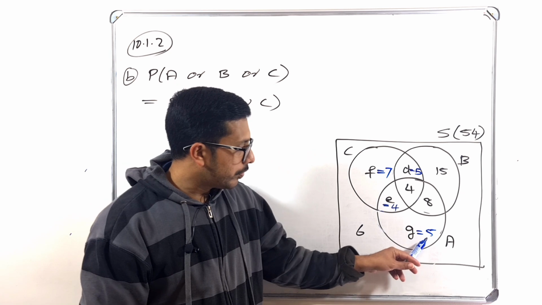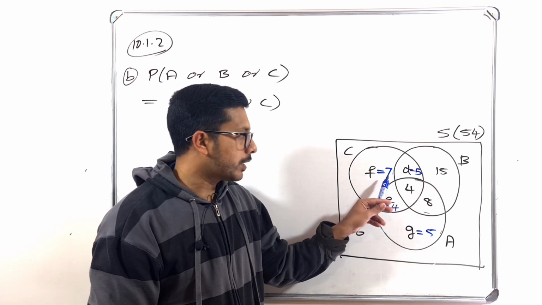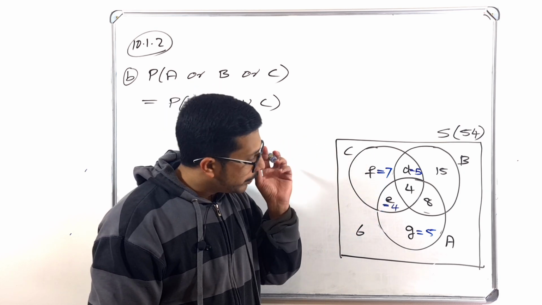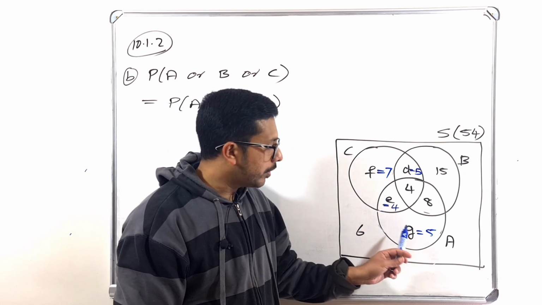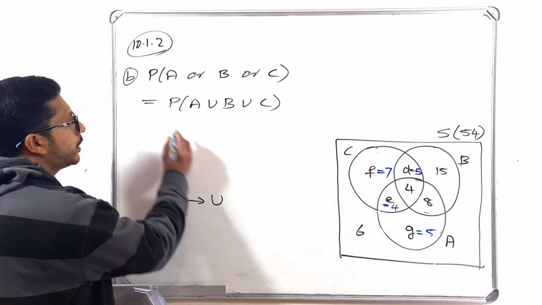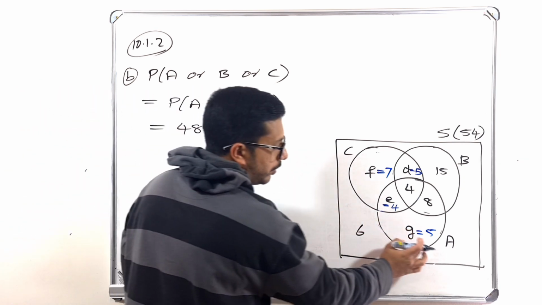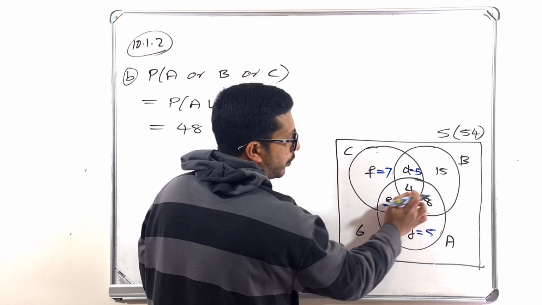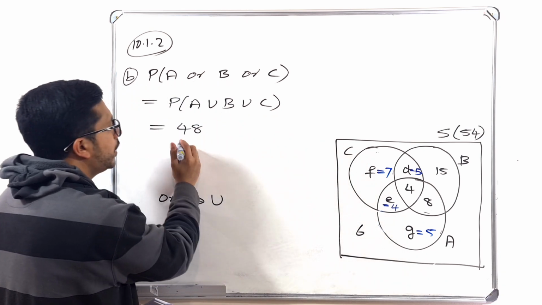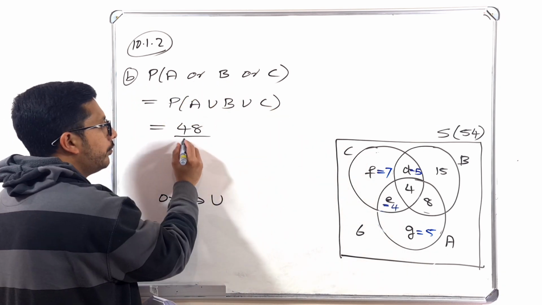What you have to do: 5 plus 4 plus 8 plus 4 plus 15 plus 5 plus 7. Check in your calculator what the answer is. In your calculator, if you add all of this, you will get 48, divided by the overall total number of countries.